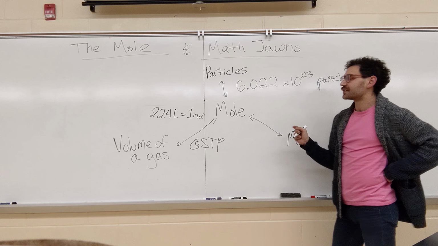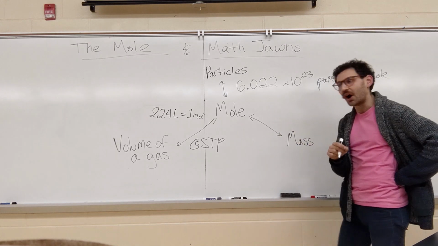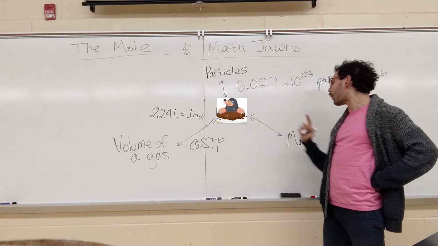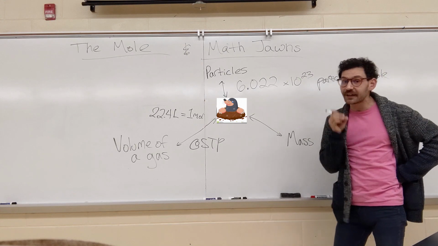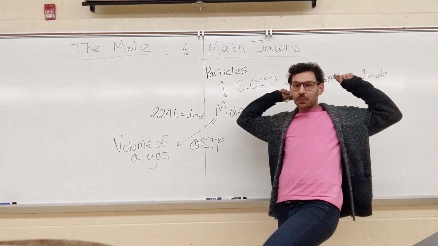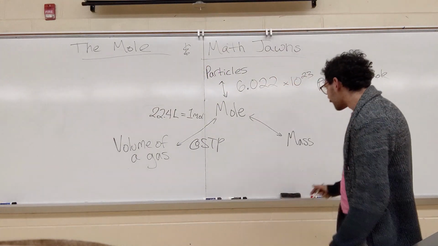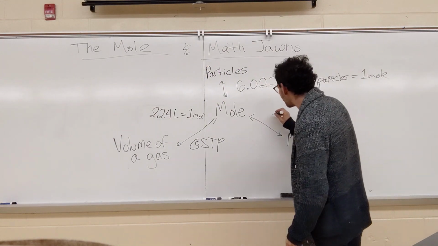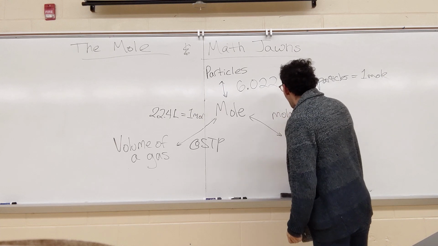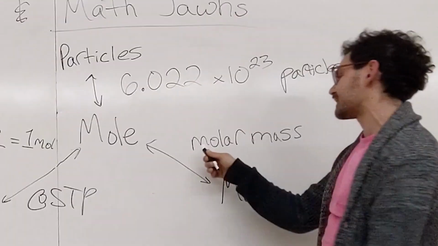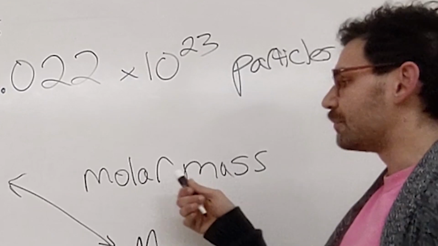This conversion factor is the spiciest of them all, because the conversion between mole and mass varies depending on what chemical we're talking about. So, for this, the conversion factor is going to be the molar mass, which is a cool name because it's like the mass of a mole.